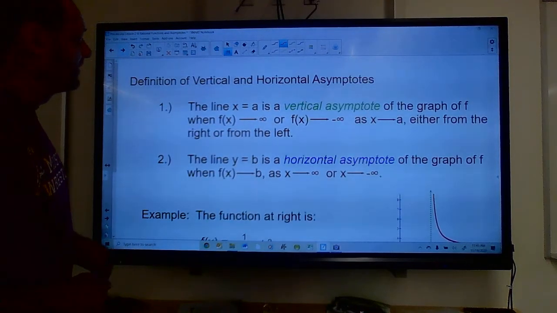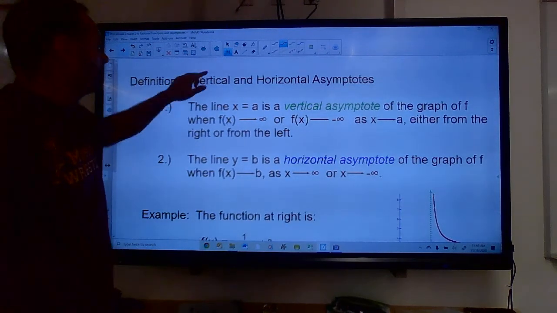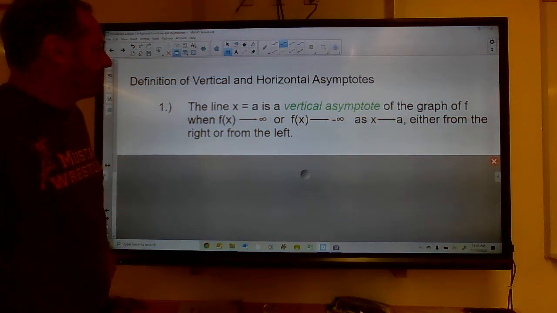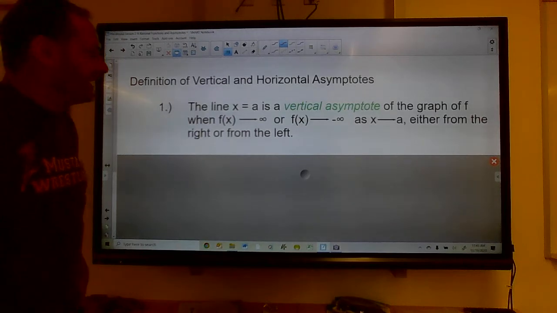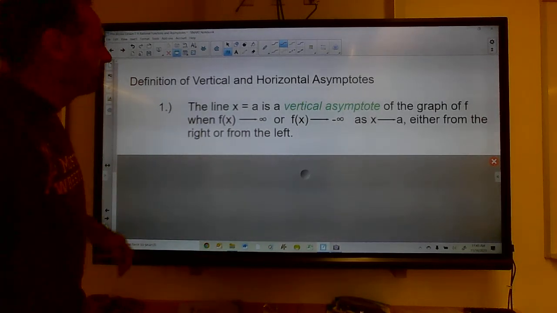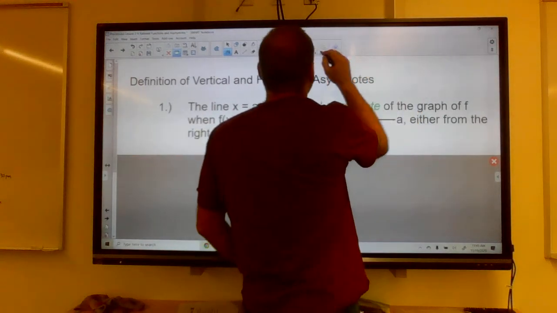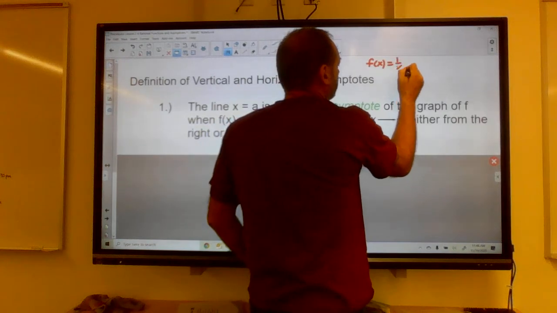Okay, so the line x equals a is a vertical asymptote of the graph of f when f of x goes to infinity or f of x goes to -infinity as x goes to a, either from the right or the left. Okay, what does that mean? It means this, just like when we had this last function, f of x was 1 over x.